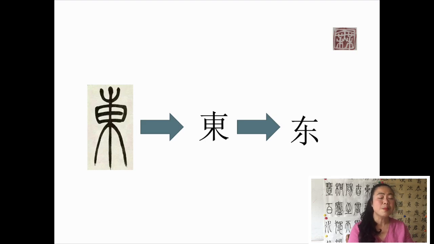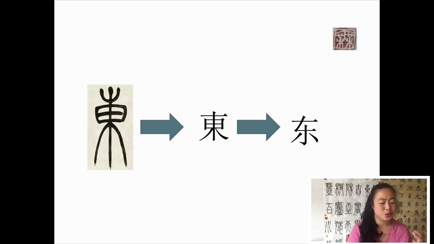So the simplification of characters sometimes makes learning the meaning of Chinese characters more difficult, but that's the way. Now in modern China, we use simplified characters.